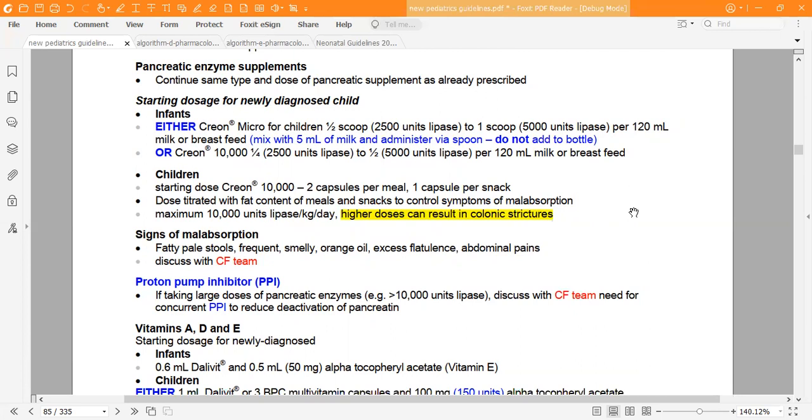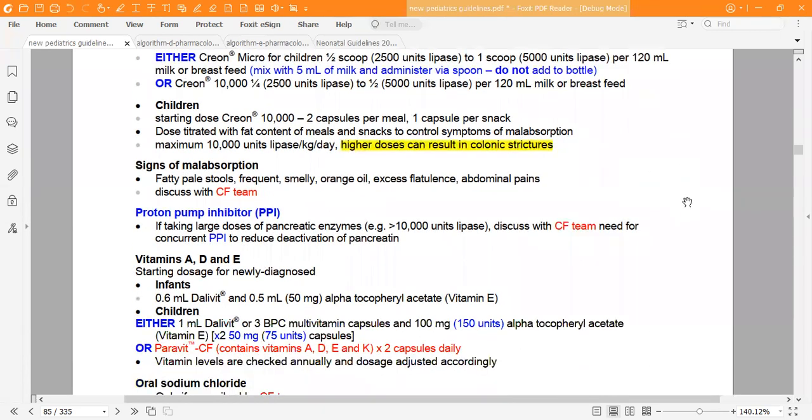It's when the colon from the inside develops strictures, sticking to each other, and may end up with intestinal obstruction. Okay, signs of malabsorption: fatty pale stool, frequent smelly orange oil, excess flatulence, abdominal pain. Discuss with the cystic fibrosis team in this situation as well.